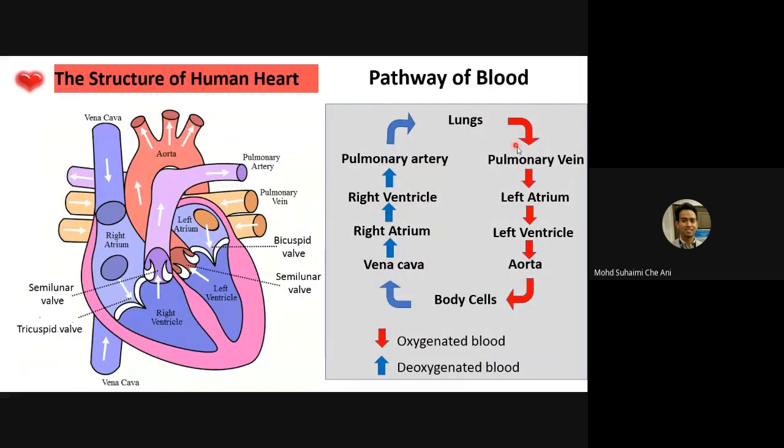When you remember the pathway in this diagram, you will know the function right away. For example, the pulmonary vein here is between the lung and the left atrium, so you know that it brings blood from the lung to the left atrium. The red one means oxygenated, and the blue one means deoxygenated.